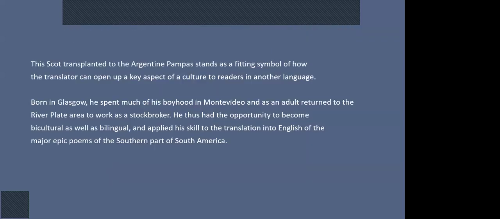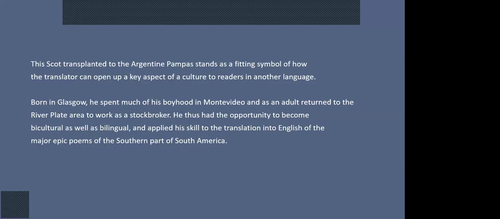Originally he was a Scottish man who was born in Scotland, and then he moved to Argentina, and as a translator, he's one of the few who translated from Spanish into English for English readers to learn about literature in Spanish, right?